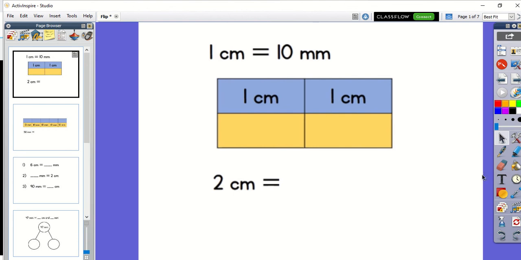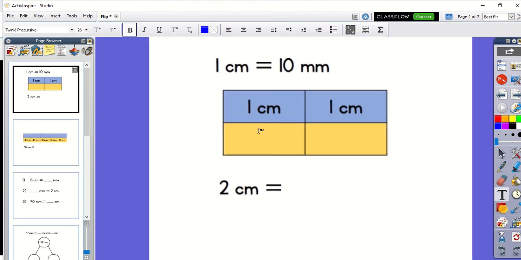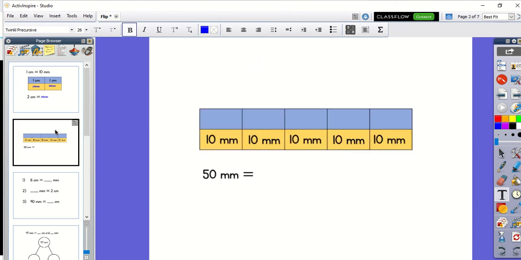So how much is 2 centimetres worth? Well, if 1 centimetre is worth 10 millimetres, this centimetre must also be worth 10 millimetres. And 2 10s put together are 20 millimetres. Okay, nice and easy, isn't it? Same with this one here, we've got 50 millimetres.